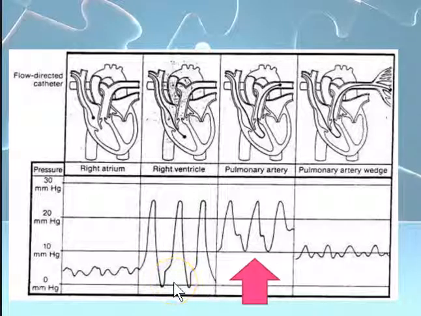The other thing Dr. Bouchon used to tell me, if you have something like 30/2, like some fairly significantly decent number over a single digit, he said it is probably in the right ventricle. Then you have your pulmonary artery form here. You can see your dicrotic notch, all that good stuff, and then your wedge pressure.